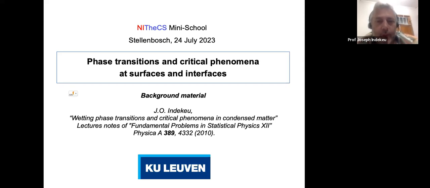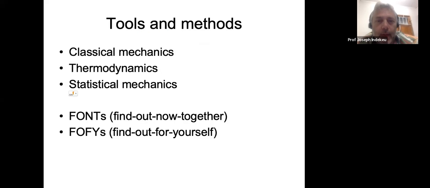So let's start and outline what I will use. I will use notions of classical mechanics, of thermodynamics, and of statistical mechanics. And our approach will be making use of two types of tools. One tool is what I would call a FONT, which is we are going to find out now together some things.